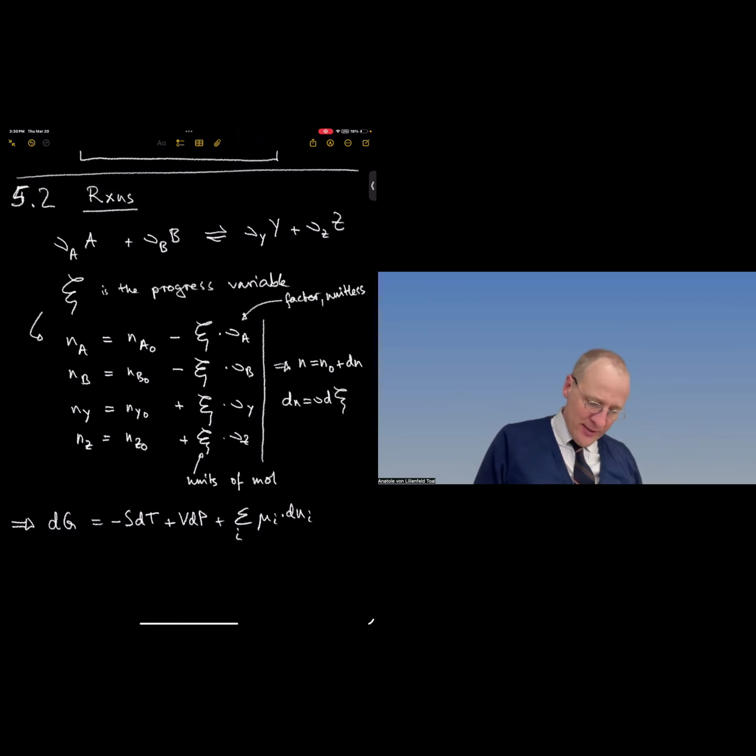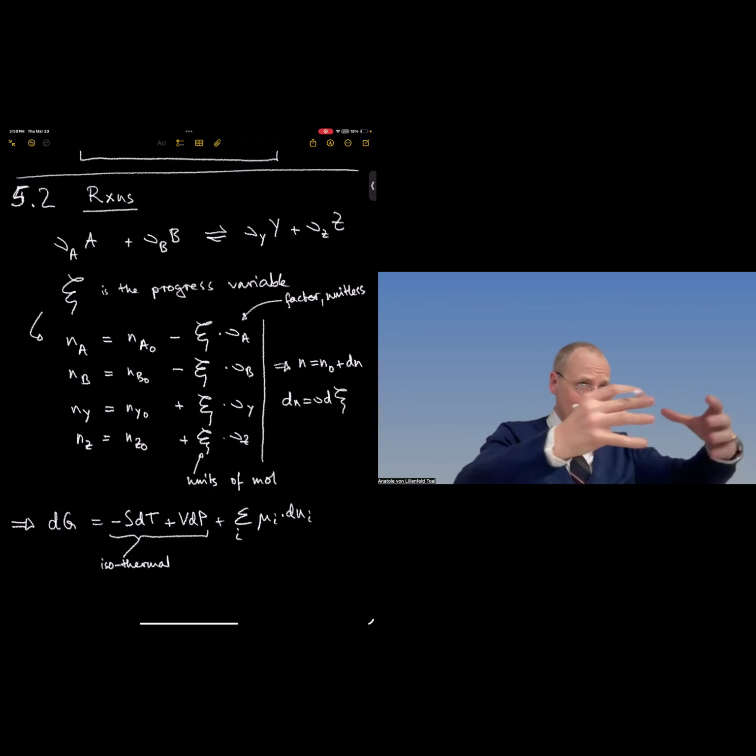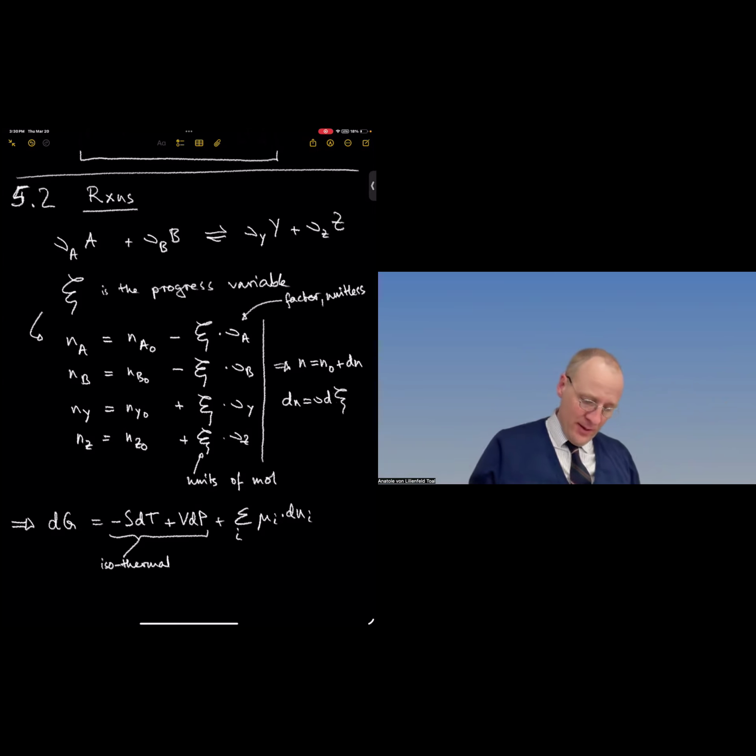Now, let's suppose that we are talking here about an isothermal process, so you plunge your reaction in some thermostat that fixes T, and isobaric. You're not changing your pressure by jumping off a mountain or something while doing the reaction.